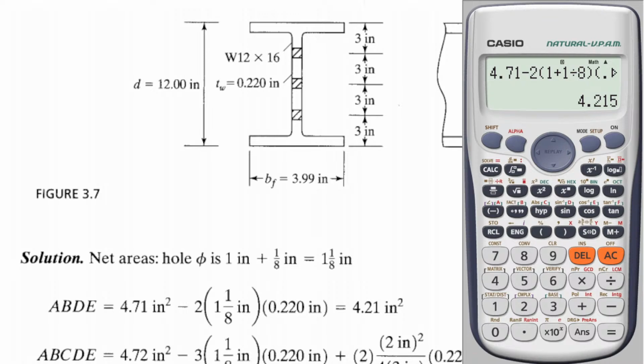So S is the lateral distance, G is the gauge distance. So therefore, 2 squared over 4 times 3.